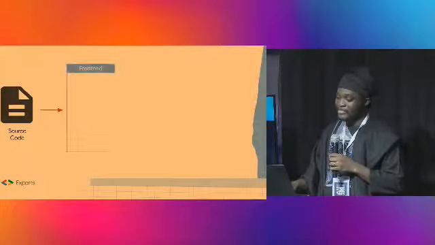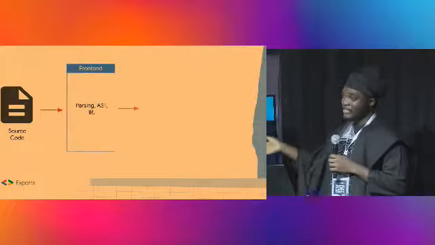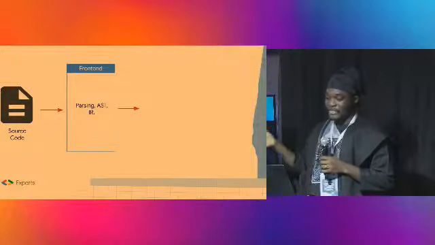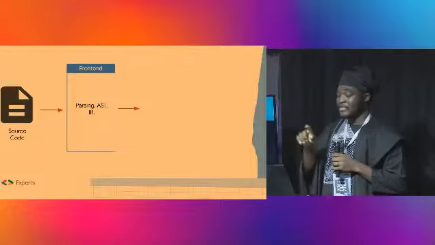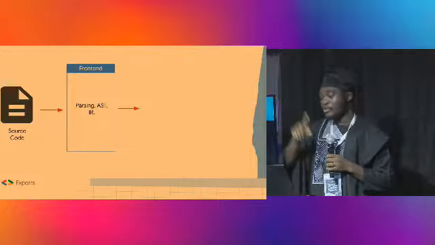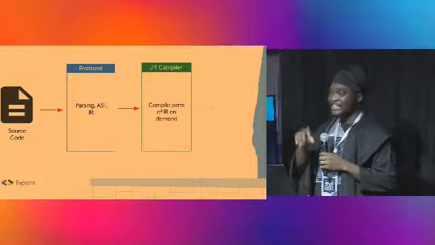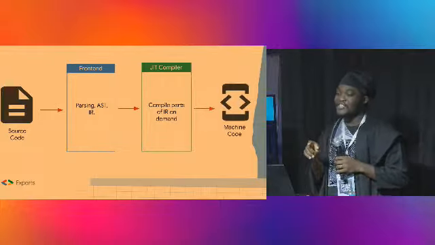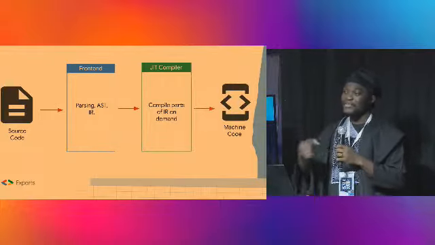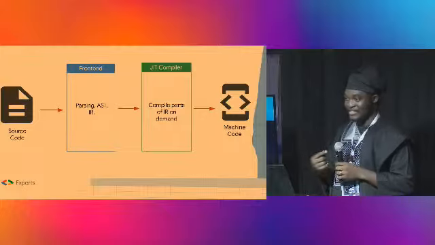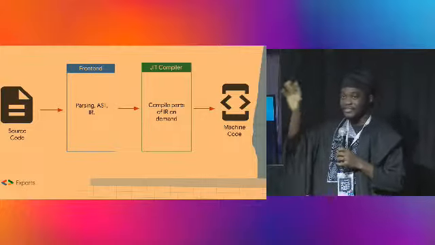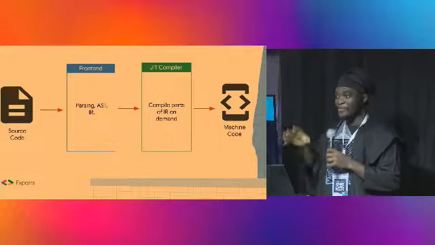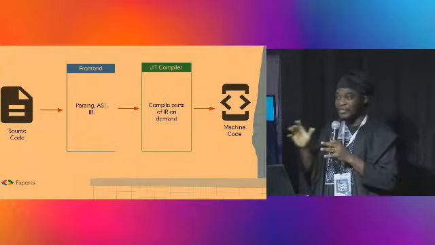The source code goes to the front end, as usual, for tokenization, parsing, and all that. Then the IR, which is the intermediate representation or bytecode, goes to the JIT compiler. This JIT compiler compiles part of your code as you need it. Instead of compiling your entire application to machine code at once and running it, it compiles it bit by bit as you need it.